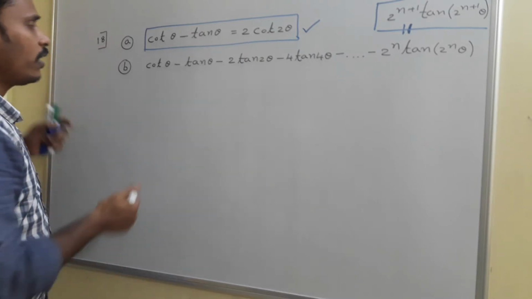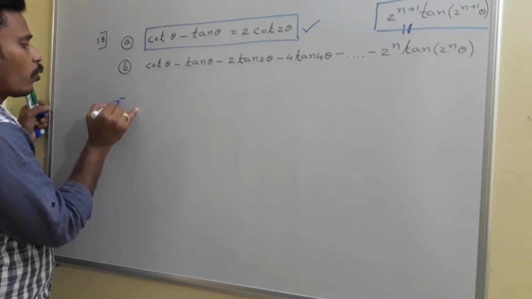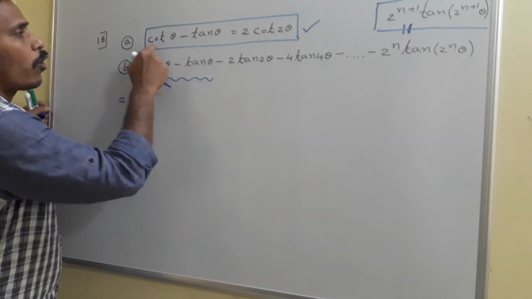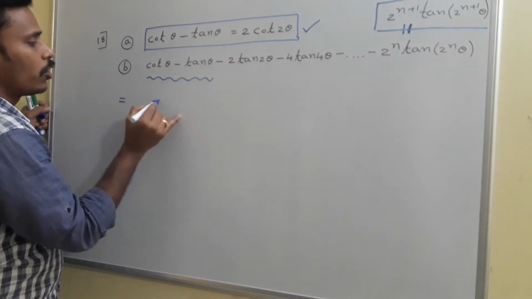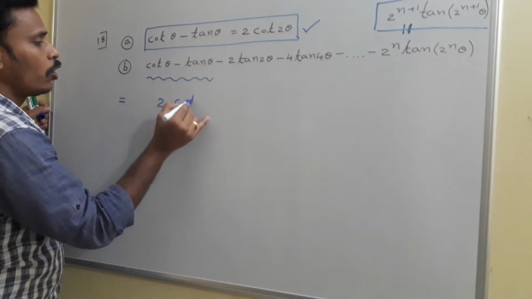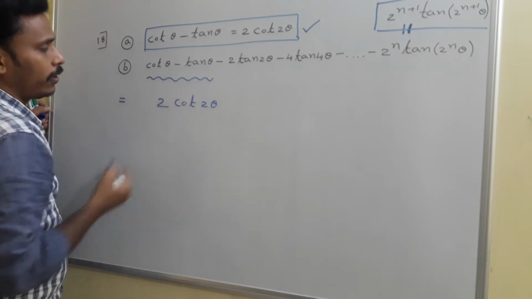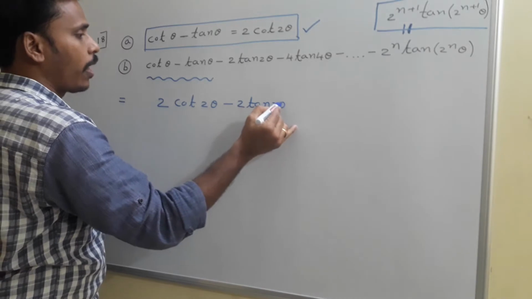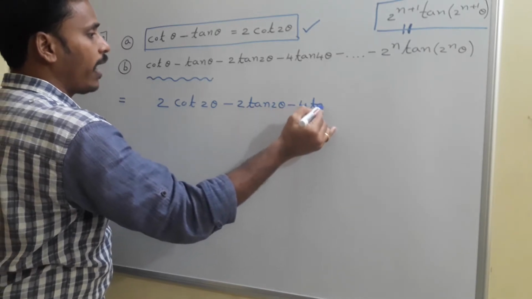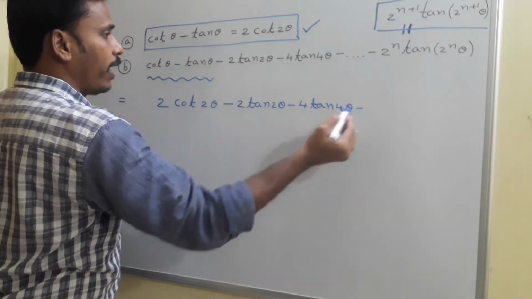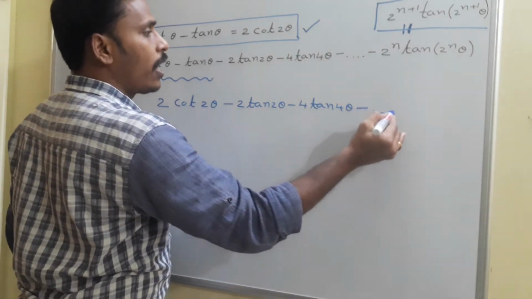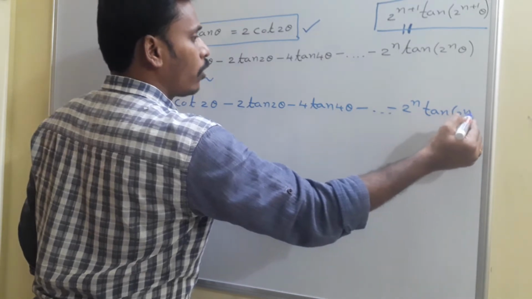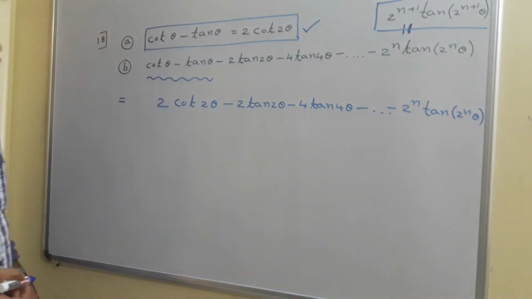First of all, in the next step, what I need to write is: cot theta minus tan theta, we found it as 2 cot 2 theta. So you replace it with 2 cot 2 theta minus 2 tan 2 theta minus 4 tan 4 theta minus, and so on, minus 2 power n tan of 2 power n theta. Is it right?